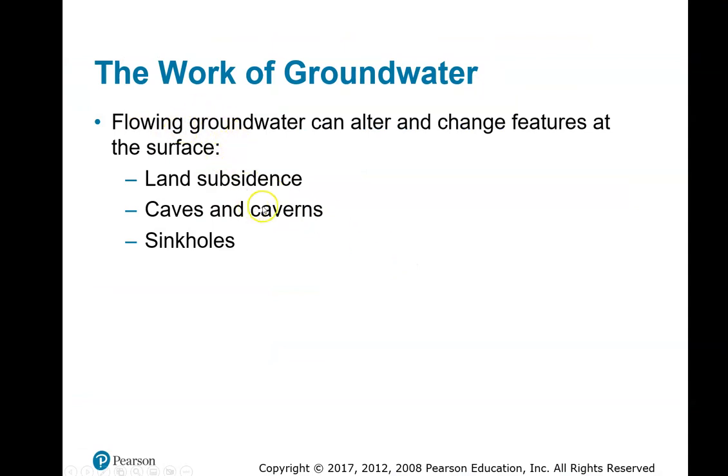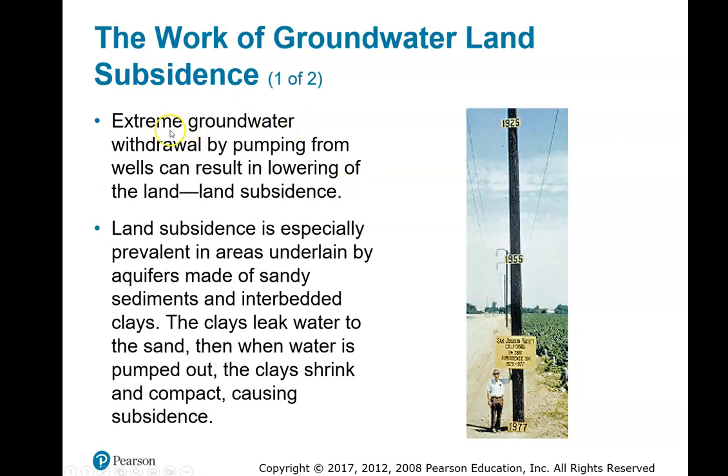All right, so how does this land subsidence come into play? What is that all about? When you remove huge portions of the groundwater, like they did in California, the groundwater was pumped out for irrigation purposes. Remember that we grow a lot of vegetables, and a lot of produce comes from California.